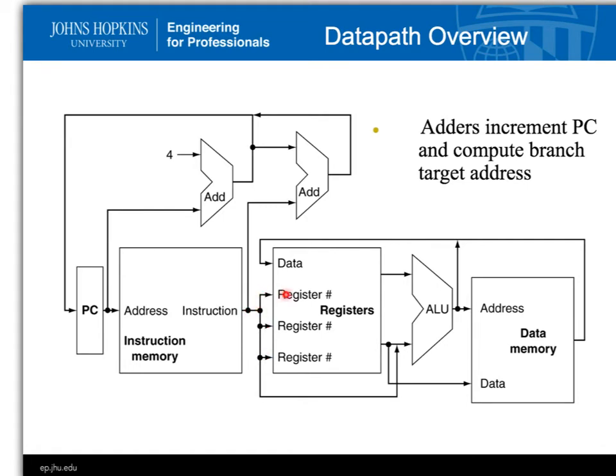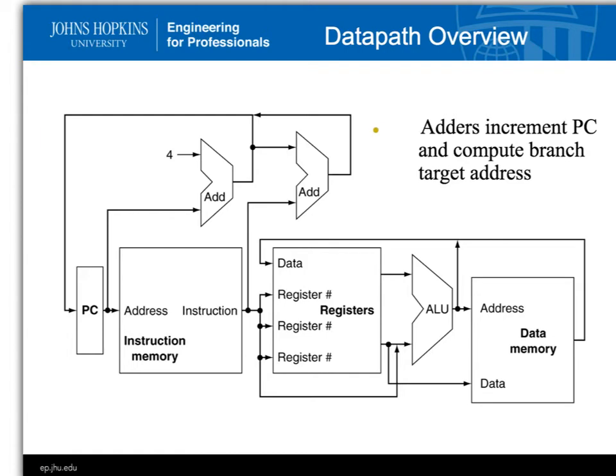Those 3 fields, that data gets sent here. In some instances, the lower 16 bits are a value, and that'll get sent here.